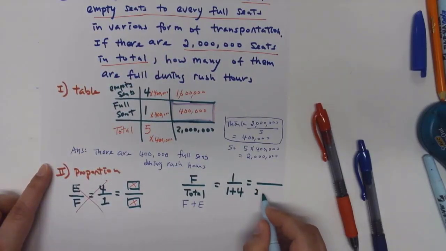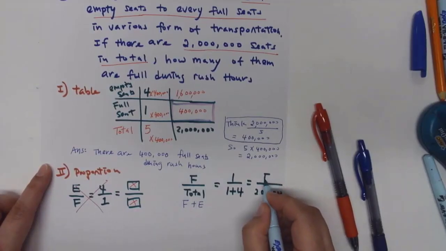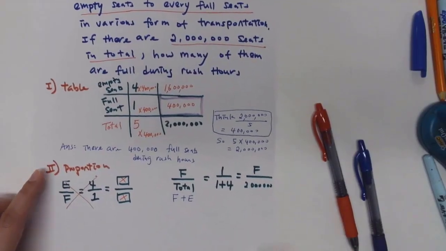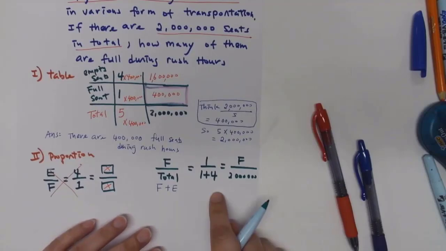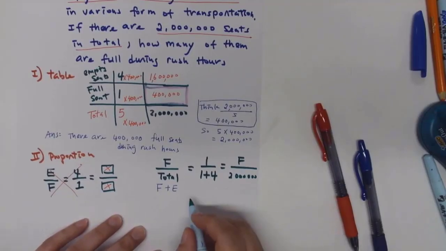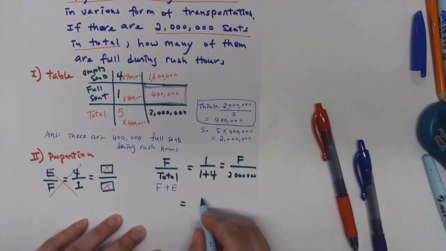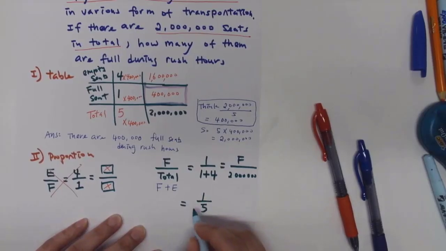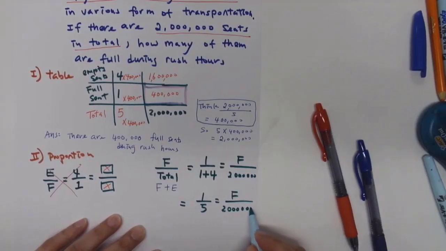So 2 million here. And we don't know how many full seats, right? So that's how you set it up. So you have to be a little bit more careful with this one. This is going to be 1/5 equal to full seats over 2 million. This is full seats over total, right?